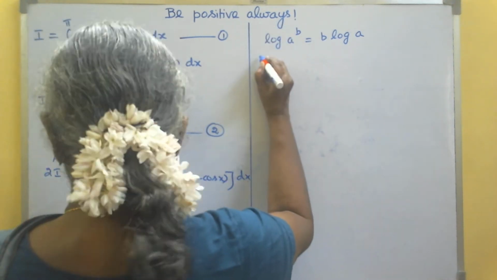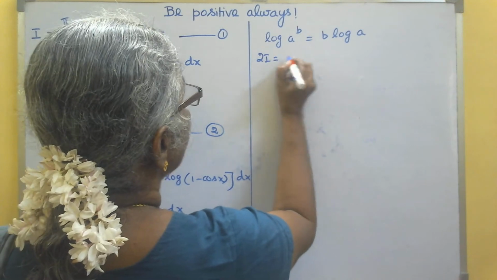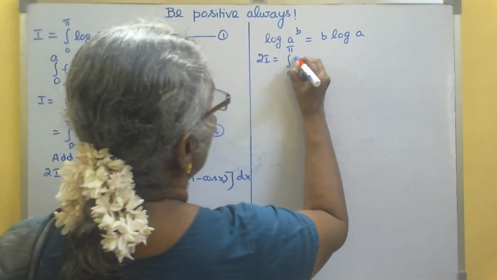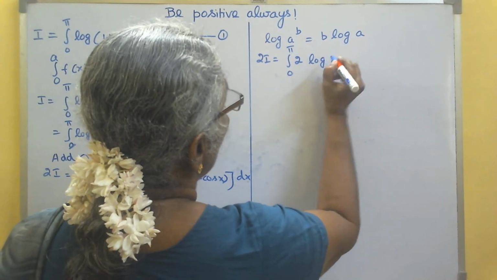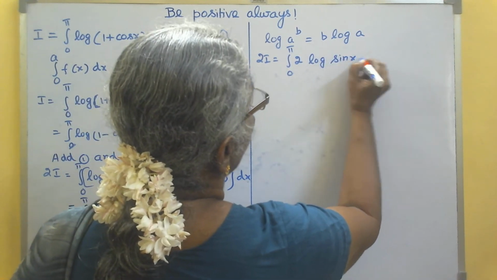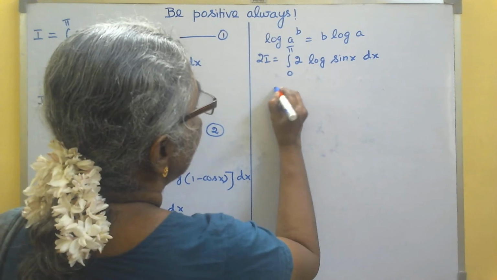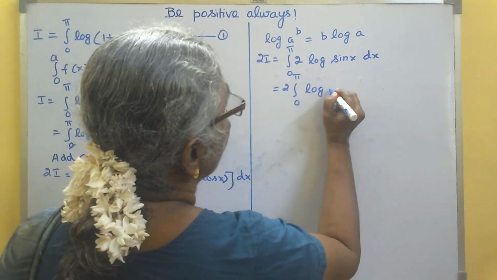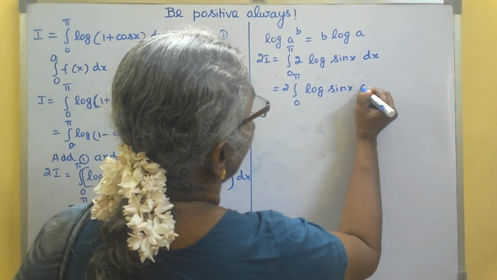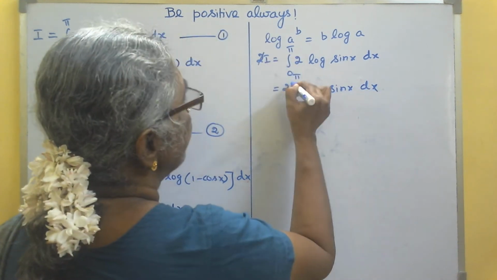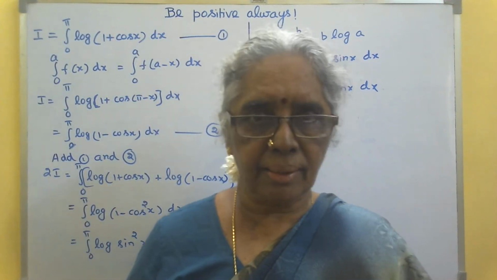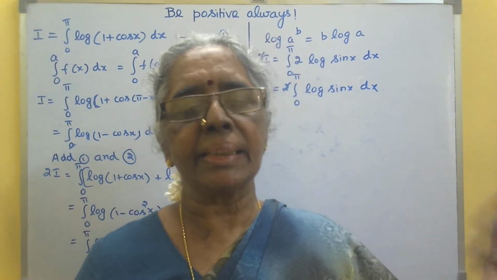So now I will get 2I is equal to integral 0 to pi 2 log sin x dx. This 2 let us take outside the integral, so you will get log sin x dx. Let us cut these 2 and these 2. So we get now I is equal to integral 0 to pi log sin x dx.